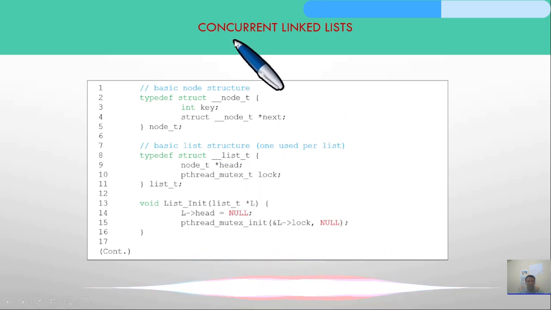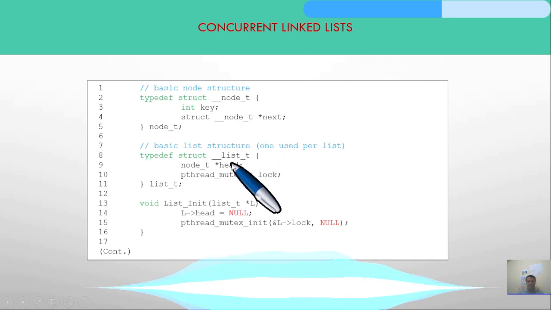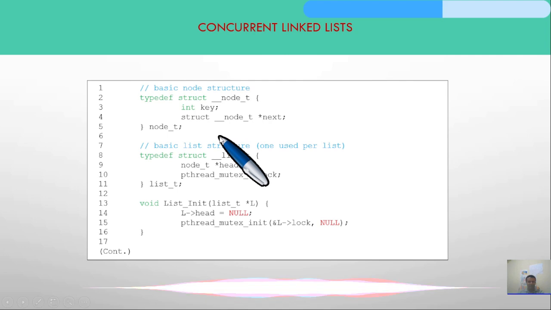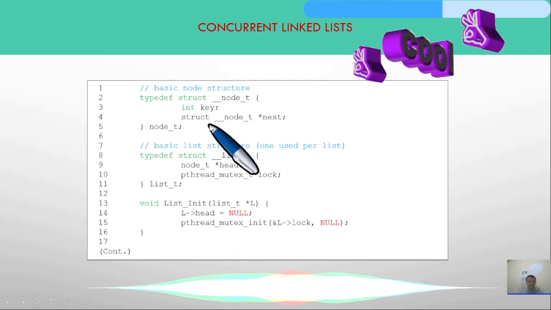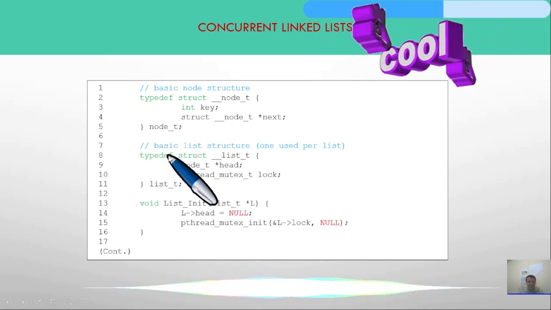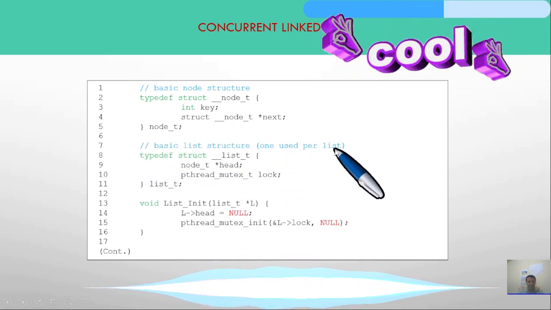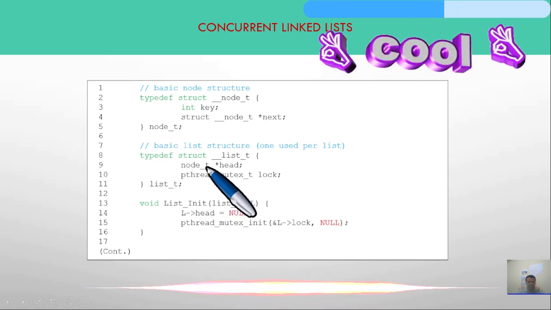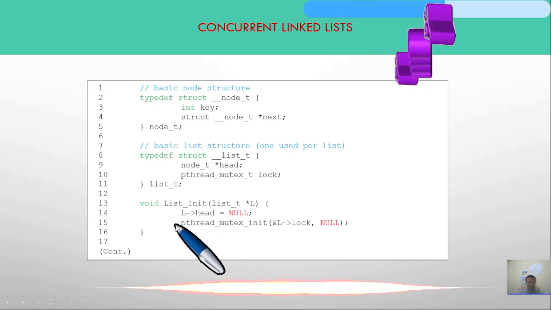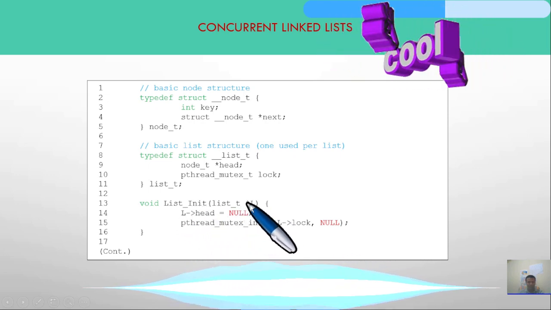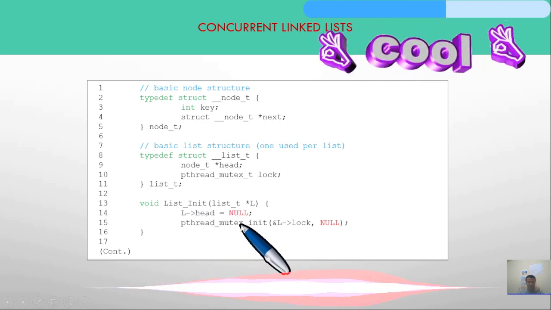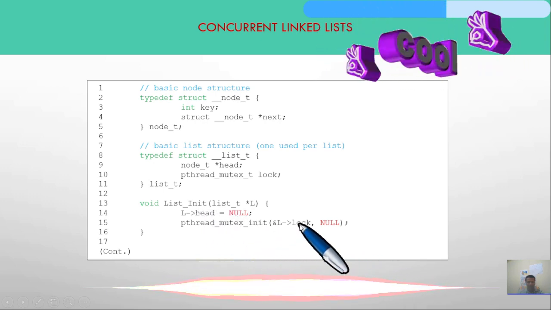This is the concurrent linked list. As you can see, we have the head pointer. We have the key, and we have the structure node_t, and basically the structure, one lock used for the list, and we have the pthread lock. Here also we have the list pointer, head, pthread mutex, and we have the lock.